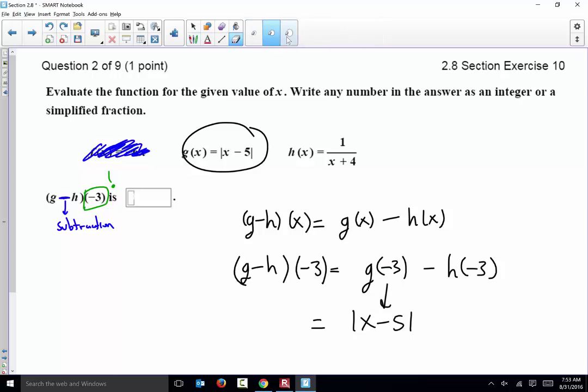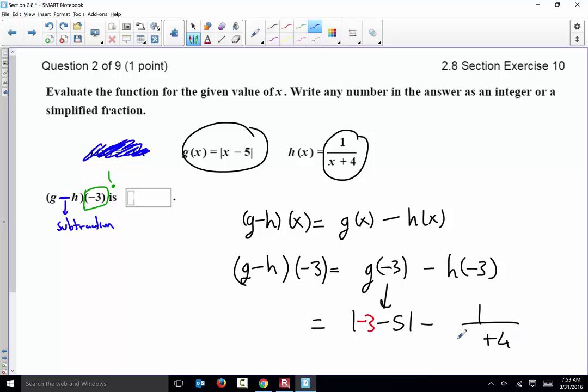So I will take an eraser, clean this up, and put back this. Right? And same way, instead of copying the formula of 1 over x plus 4, I will skip x. Instead of x, I will enter minus 3, because that's what I see here.